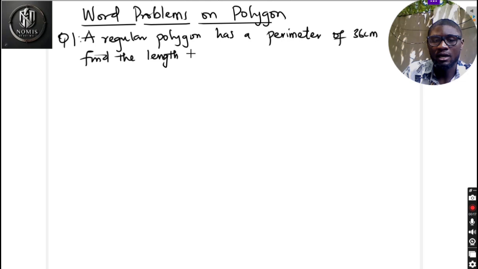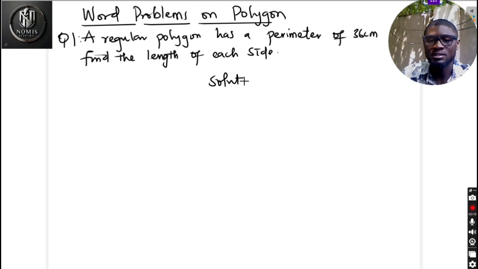Find the length of each side. The perimeter of a regular polygon is 36 centimeter. Find the length of each side.